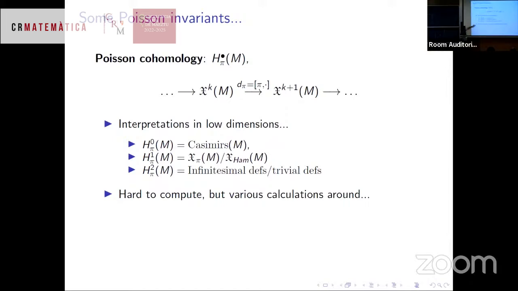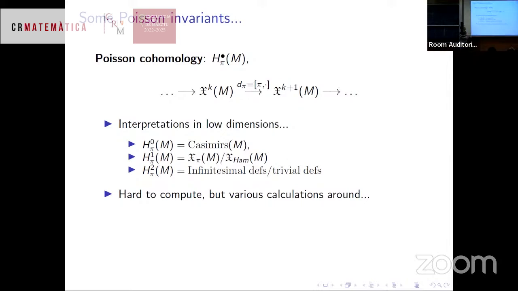And then in degree 1, what you have is the difference between Poisson vector fields, meaning vector fields that preserve the Poisson structure. So this is also defined in the problem set properly. And remember that Hamiltonian vector fields all have this property. So they are a subspace of Poisson vector fields, right? And this H1 pi is this difference.